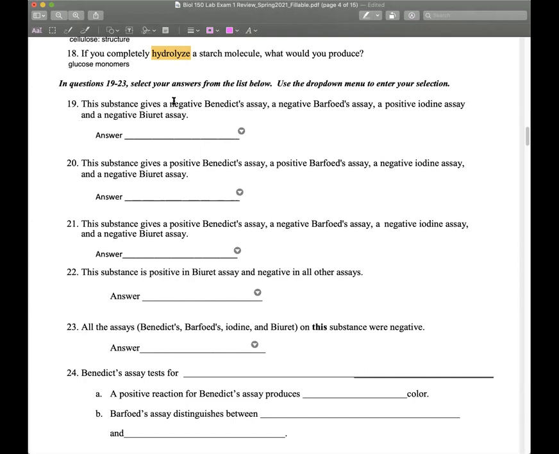So if it gives a negative Benedict's and negative Barfoed's, positive iodine and negative Biuret, the only thing positive here was the iodine assay. So what does that indicate? Starch. Right, yeah, so that would be our starch.